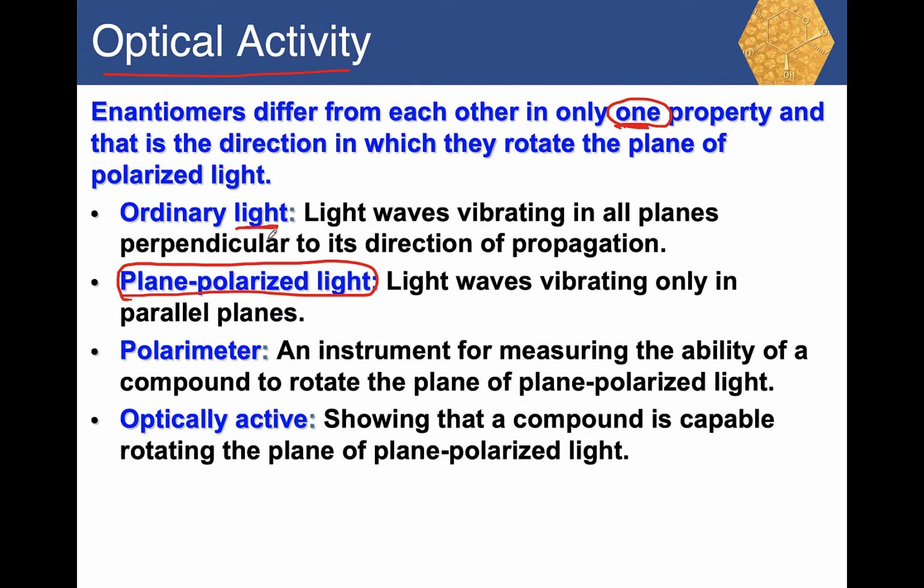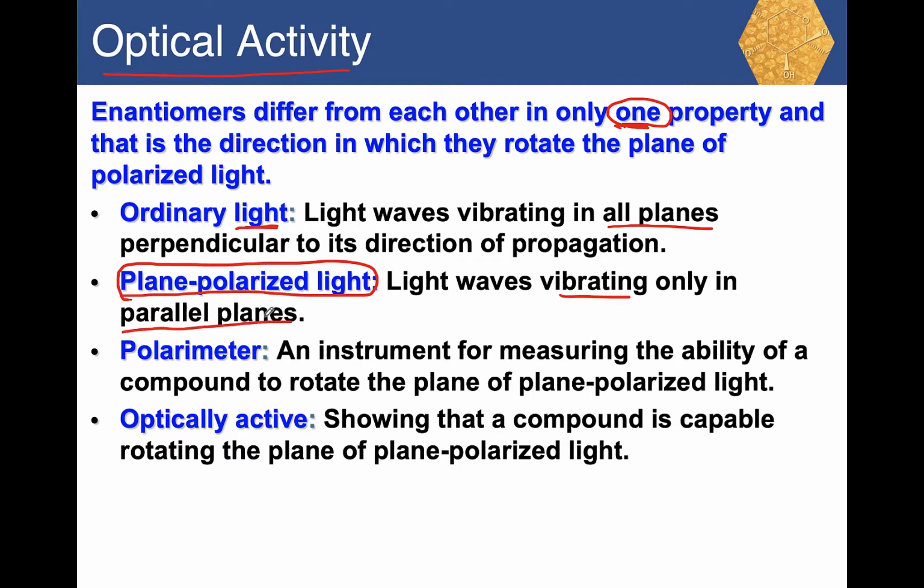Whenever light is coming at you from the bulb or wherever you're getting that illumination, the waves are vibrating in all planes perpendicular from the initiation point. So it's all planes. Polarized light, however, is vibrating in only one plane.